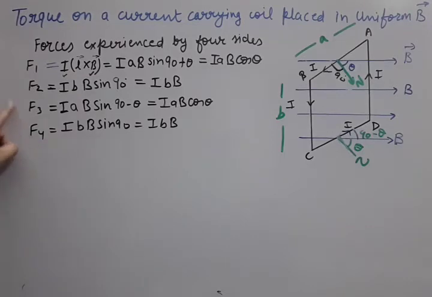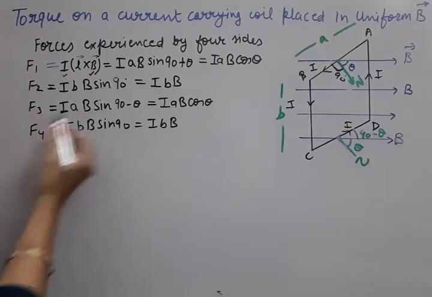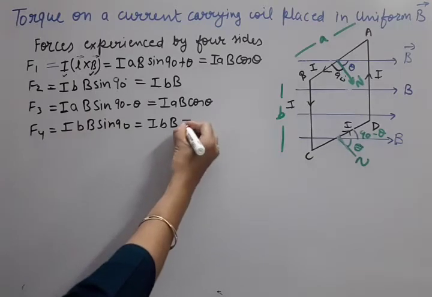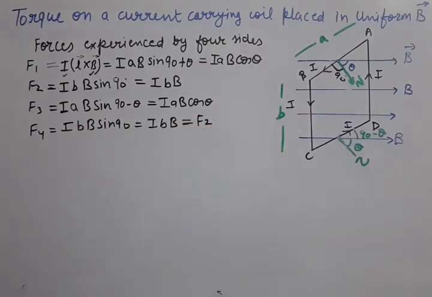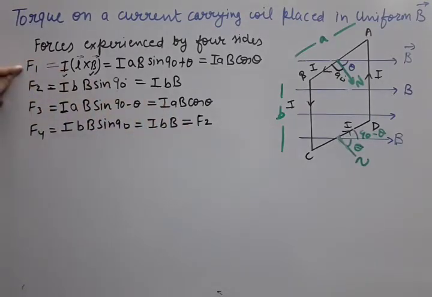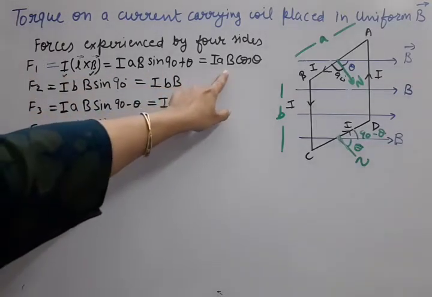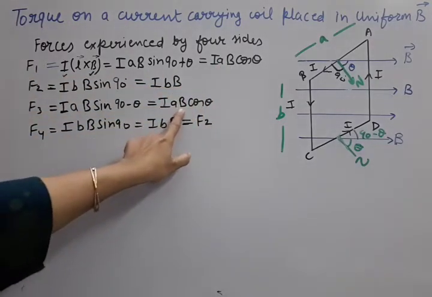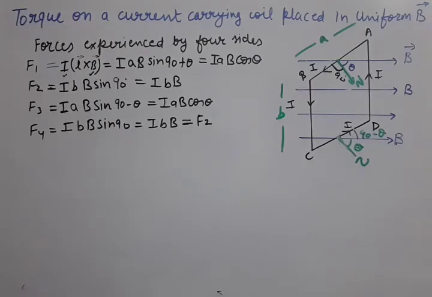You can notice that F2 and F4 magnitudes are the same, so F4 is actually equal to F2. In the same manner F1 and F3 are also the same. This is IAB cos theta, this is also IAB cos theta. So the magnitudes are the same.